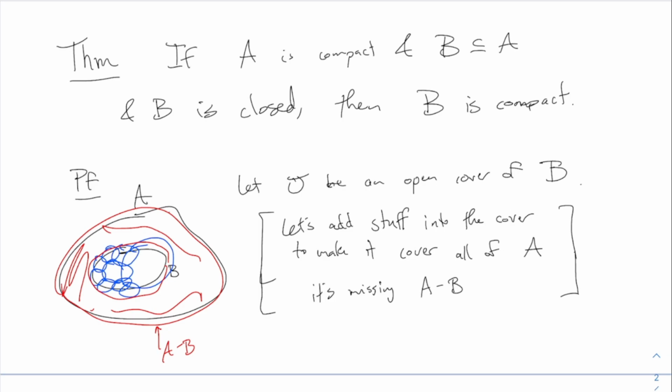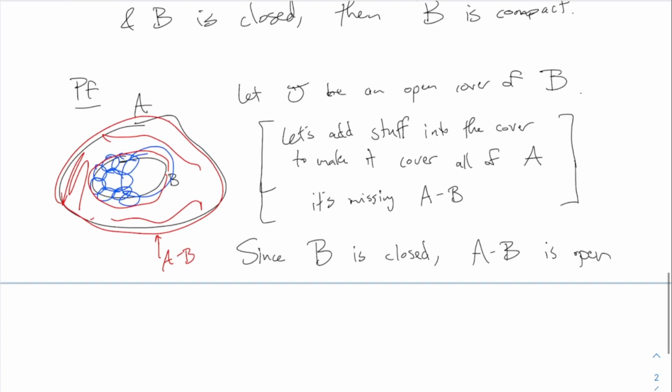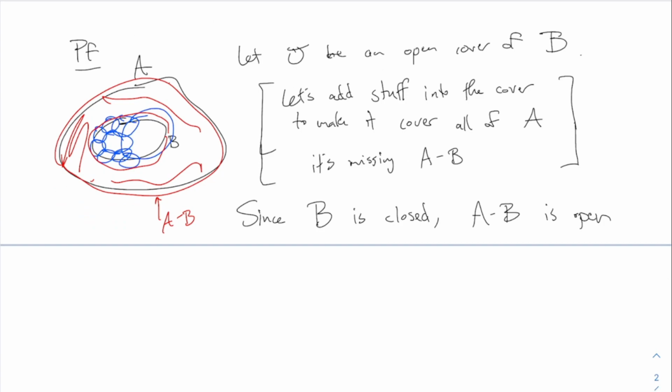So, since this is my real proof now, since B is closed, A minus B is open. I suppose that I mean in the subspace topology of A, but that's good enough, it doesn't matter.